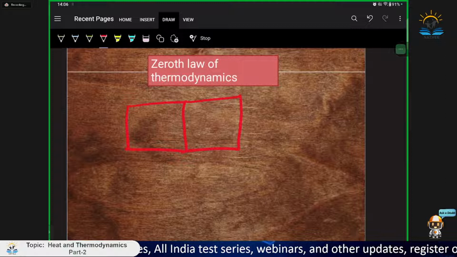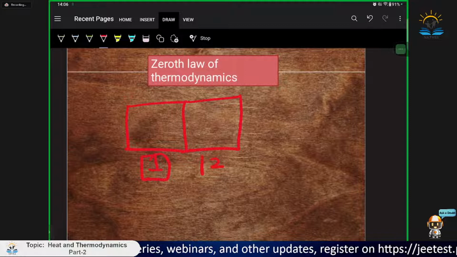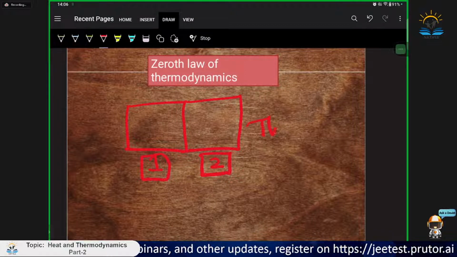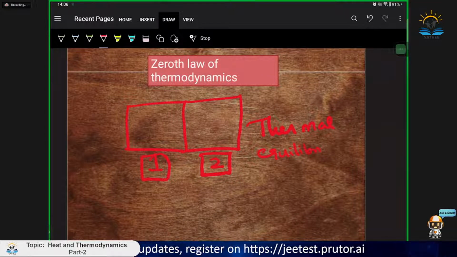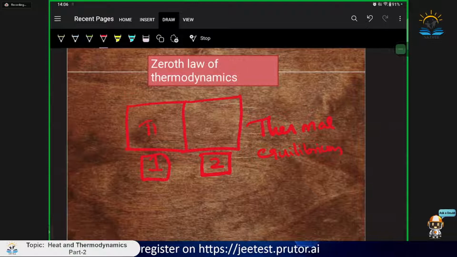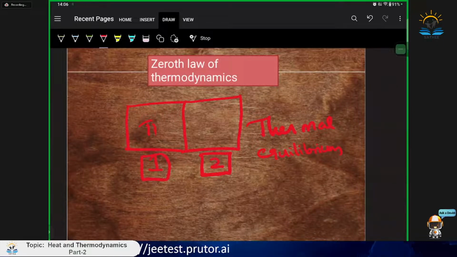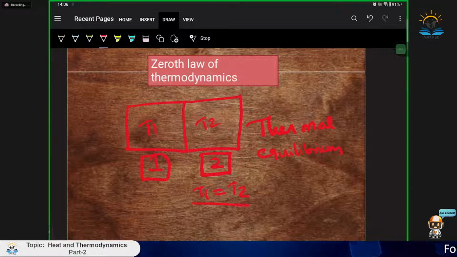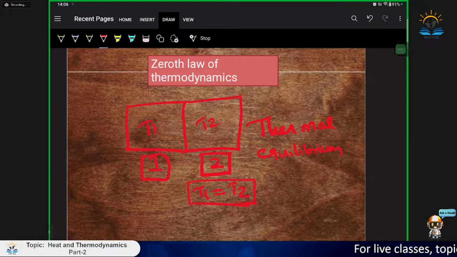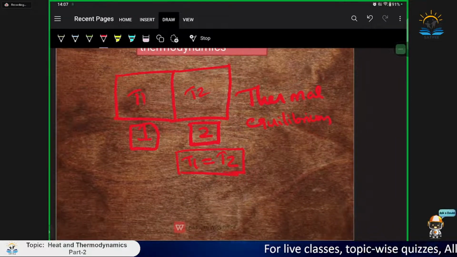If system 1 and system 2 are in thermal equilibrium, and T1 is the temperature of system 1 and T2 is the temperature of system 2, then T1 will be equal to T2. That is thermal equilibrium: T1 is equal to T2.